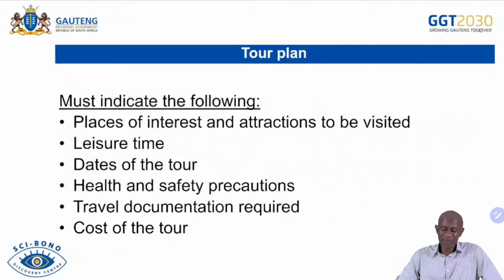So all these elements must be available in a good tour that has been pre-arranged. So for your pre-arrangements, you'll need to consider all these factors that we have mentioned.